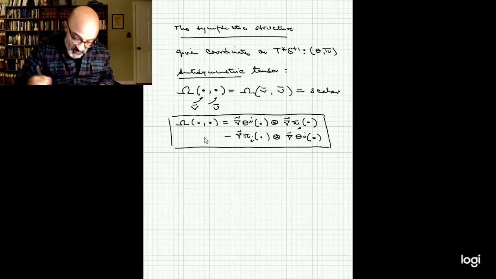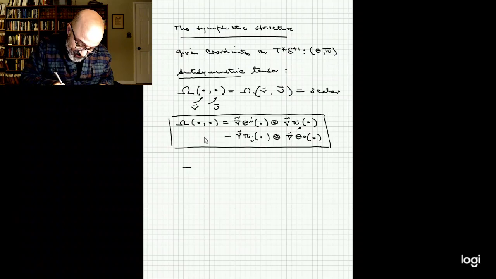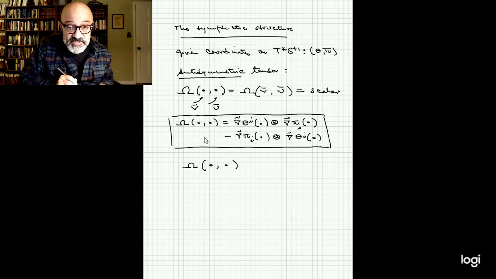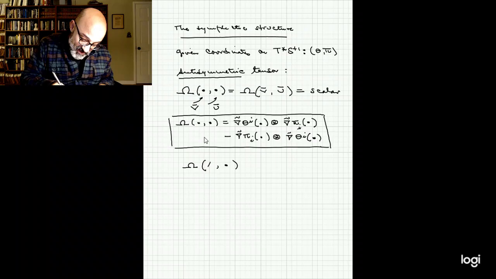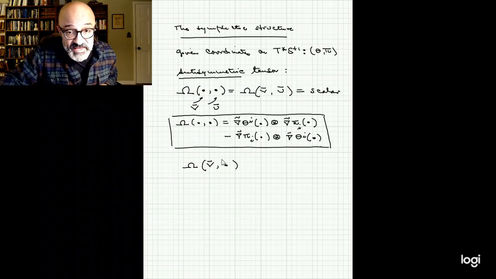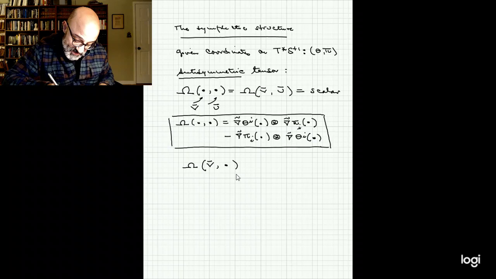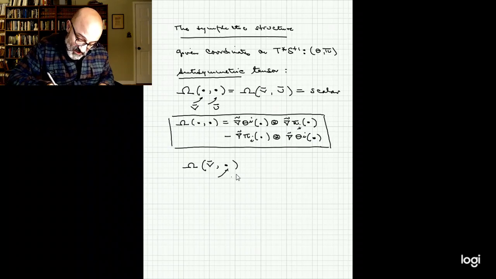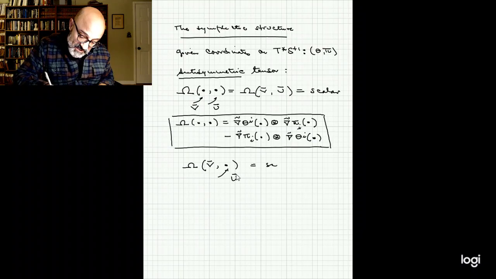And so notice now that if I were to have this omega, and it comes with two slots, and I put a vector here, say v, the object that we now have is an object that accepts a vector to produce a scalar.